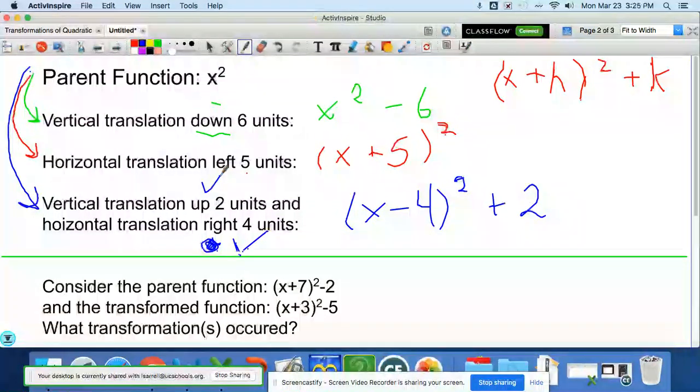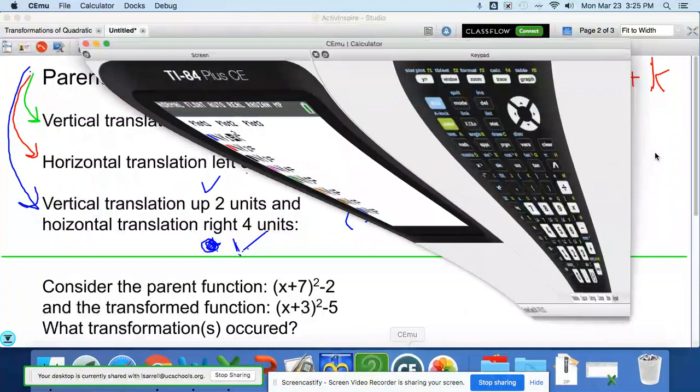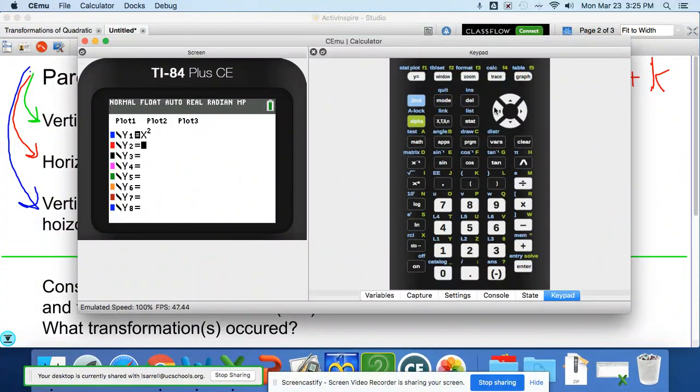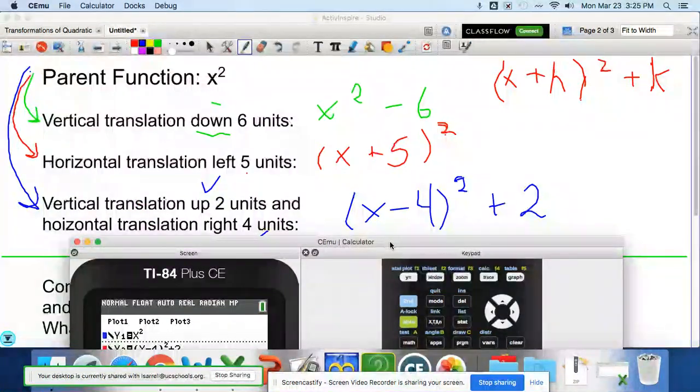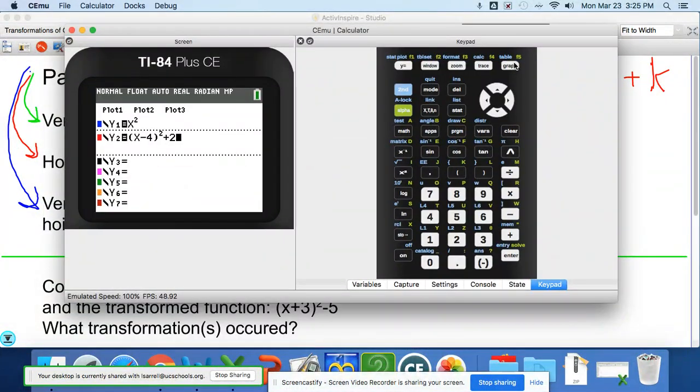Remember, you can always check these in your calculator, and this is the one I'm going to check because it's got the most going on. Our parent function was x squared. We are now stating our new function is (x - 4) squared + 2. What we're going to be looking for is, where does the vertex go? Does it go up 2 and right 4?